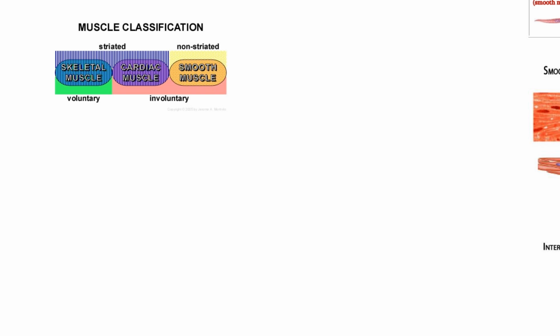Striated is skeletal and cardiac, and non-striated is smooth. Or you can talk about what causes them to move. Voluntary muscles, voluntary action, that's skeletal. Like if a dog wants to move to the food bowl or chase a rabbit, that's usually voluntary.